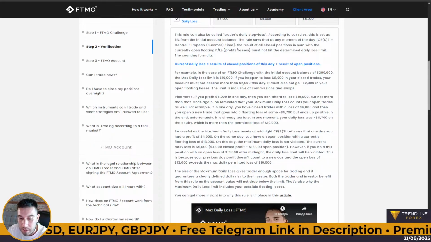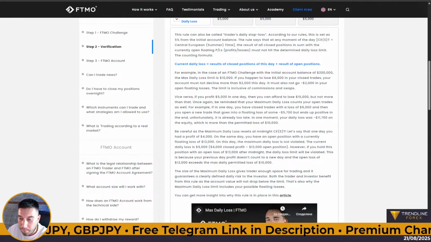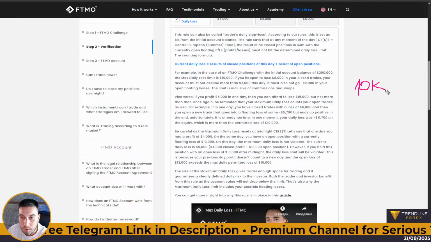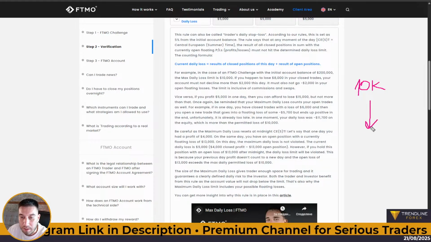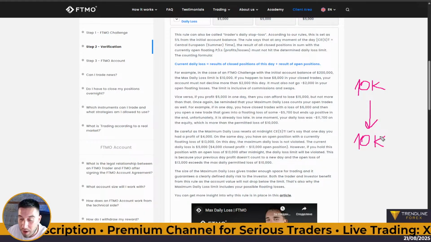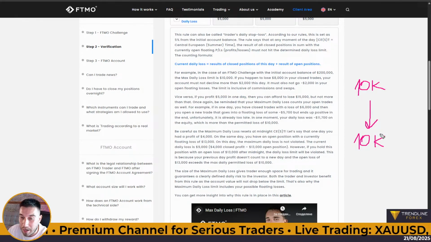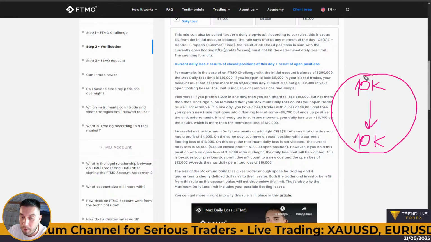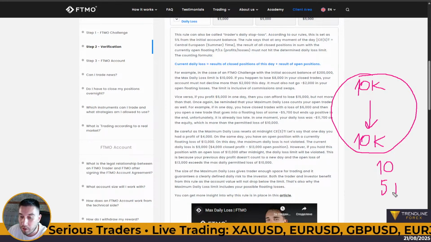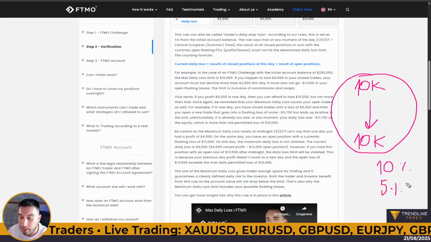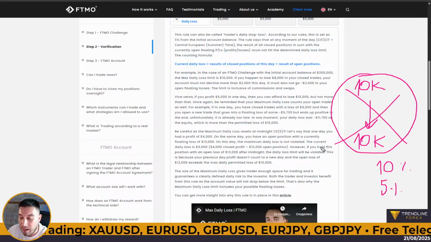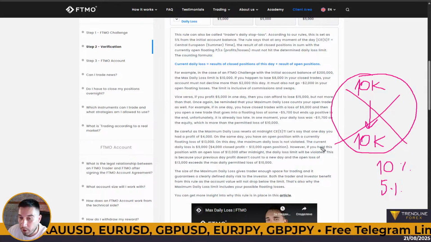Let's say you make 10K profit, and then you lose 10K in that same day, but it's only the profit that you've made. So you haven't even gone below the initial account balance. You only lose the profit you've made, but you basically lost 10 or 5%, depending on the challenge you're doing, and so this is your daily loss limit. So they're now going to take the account away from you. You basically failed the challenge.